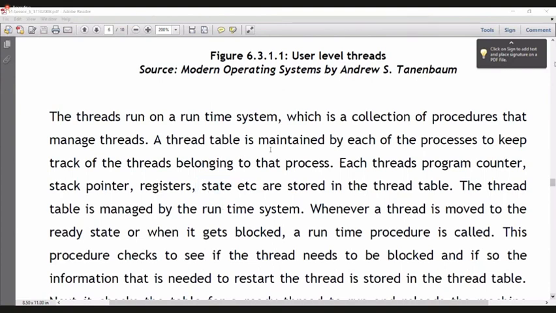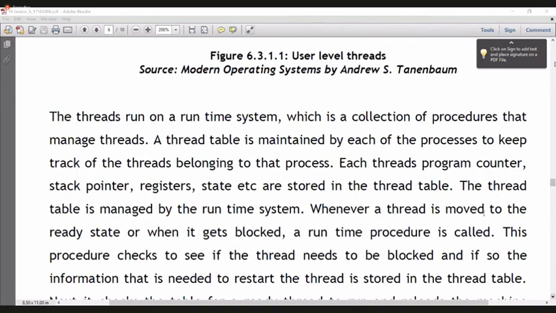So threads, thread table, we have to maintain thread, right? Each thread's program counter, also what are the information in the thread. Thread table is managed by the runtime system. Okay, so runtime, it is changing while running the process.